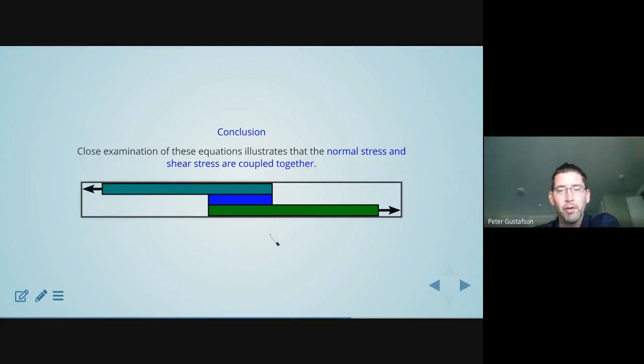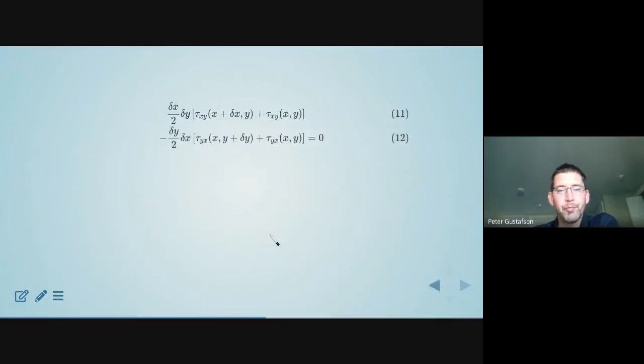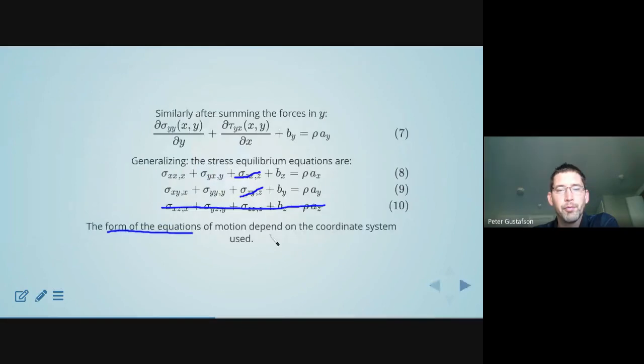Let me go back to the equations for a minute. I've crossed out the ones that aren't interesting, or I should say they're interesting, but they're three-dimensional. We're thinking in a two-dimensional world now. So let's pretend that this aerostructure, this set of wing skins that I've referred to, is in static equilibrium. Static equilibrium means it's not accelerating. It's just carrying the loads, but not accelerating, moving, or vibrating.